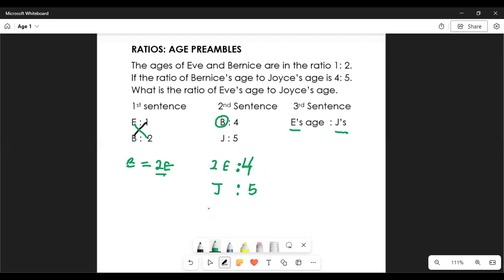When we divide through by 2, we would get, so let me do it here, 2E is to 4. So you divide here by 2, and you divide this side also by 2. Eve's age is to 2. So you realize if we are mapping Eve's age to Joyce's age, then it is 2 is to 5.